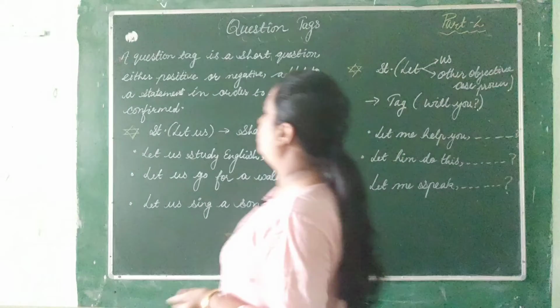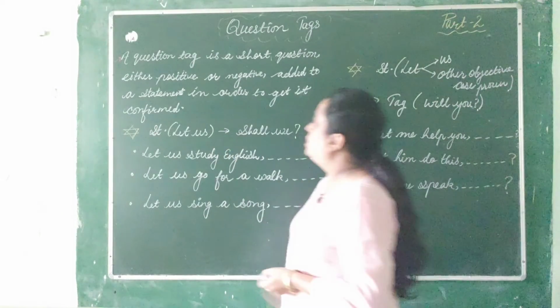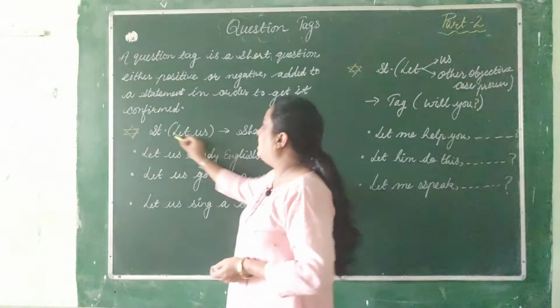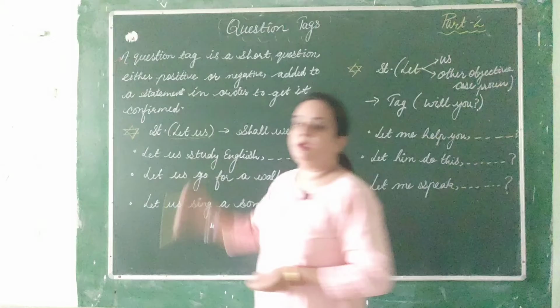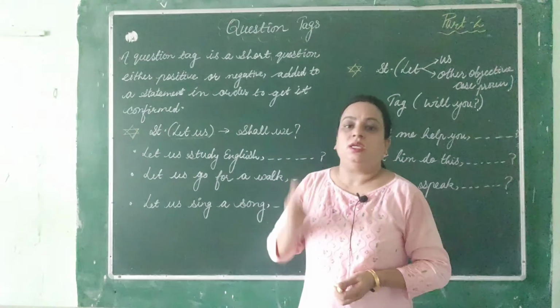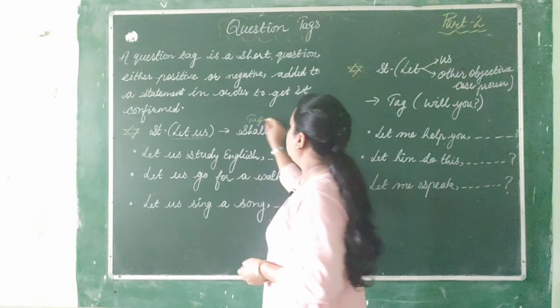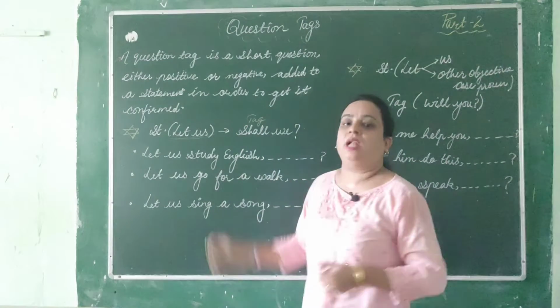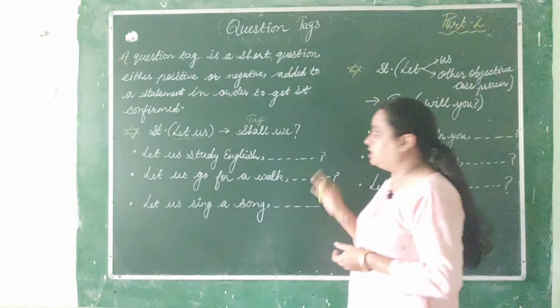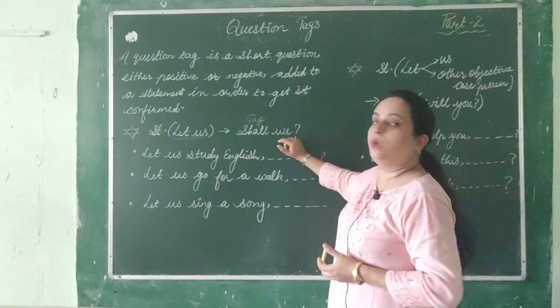So the next rule for today is: if the statement is starting with "let us", then in the question tag, the helping verb or fixed question tag you have to use is "shall we".